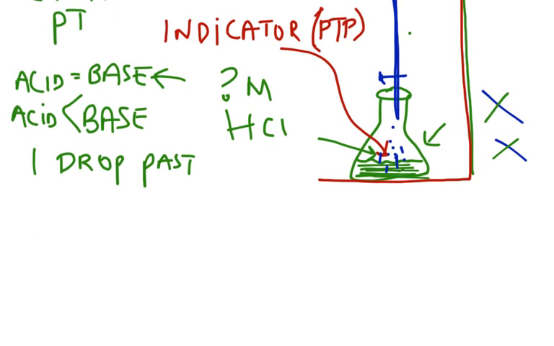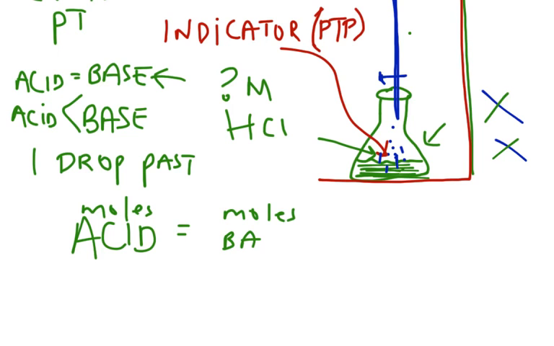Because remember, your equivalence point is where your moles of your acid are equal to the moles of your base. So for example, actually let's go back a step. If during my titration I know that I added, let's say based on my burette, 14 milliliters of sodium hydroxide, I can convert that to moles.